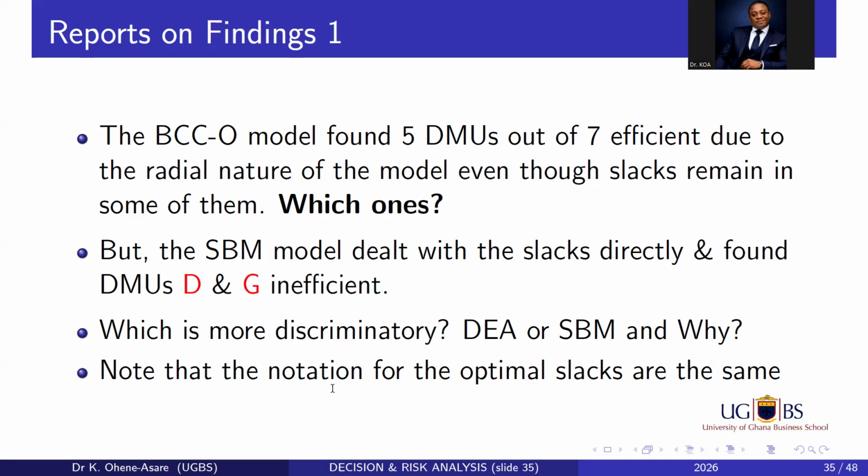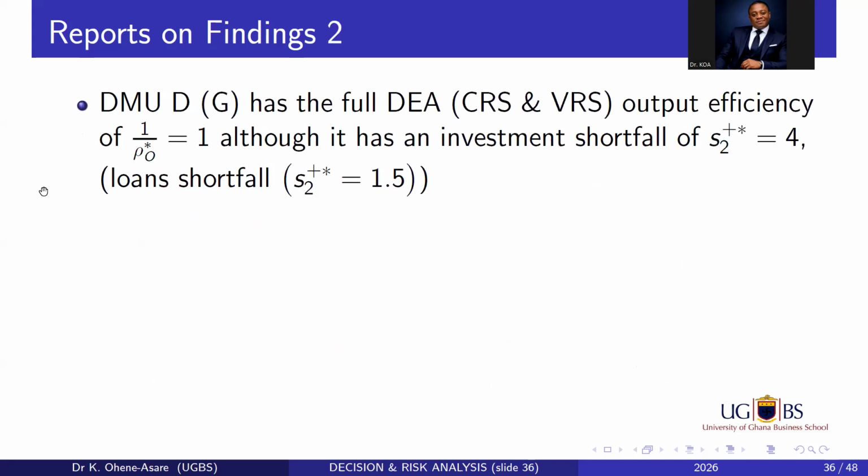So note that the optimal slacks are the same irrespective of what you do. They are always the same. This is very important. And the second point, we've already spoken about it. DMU-D has a full DEA efficiency score of 1, although it has an investment shortfall of 4. We saw that.